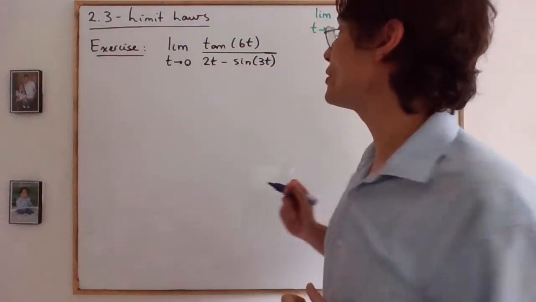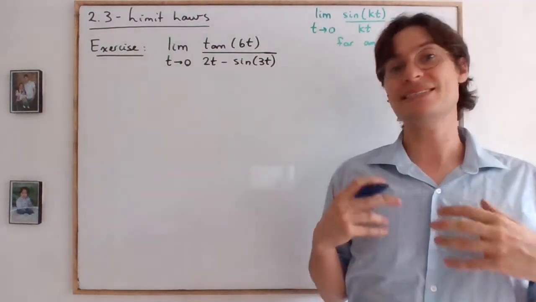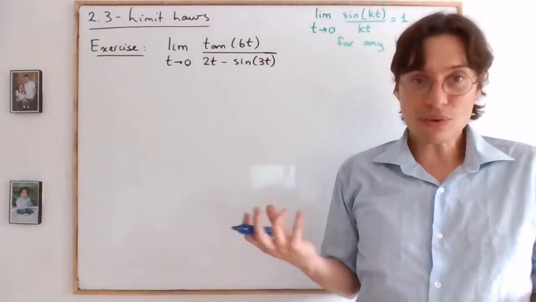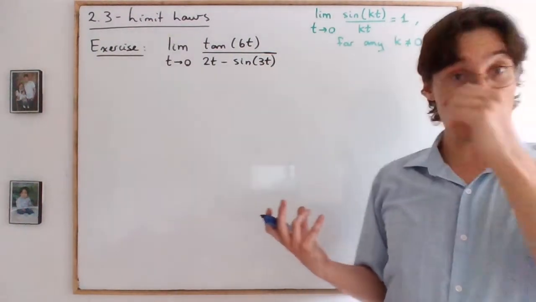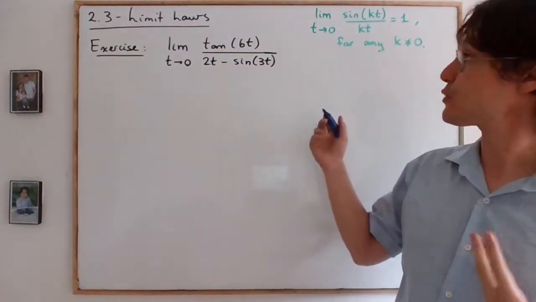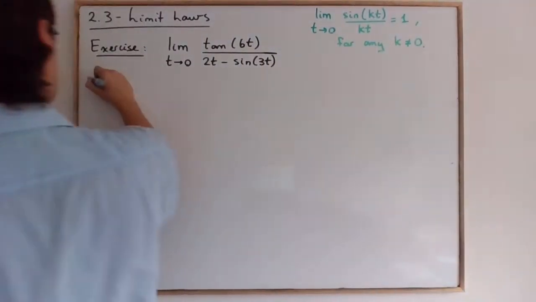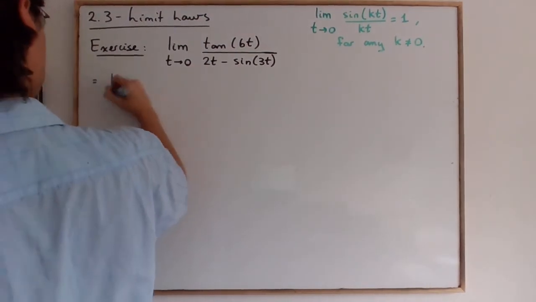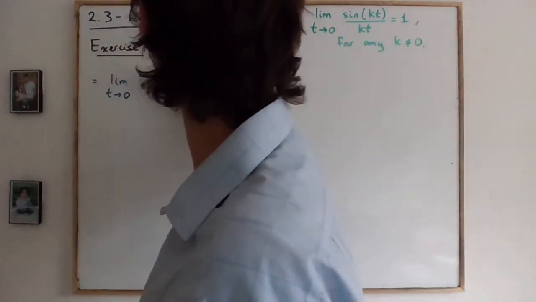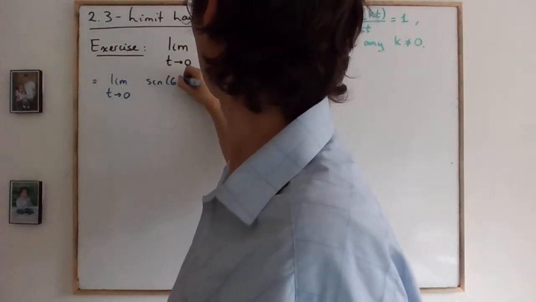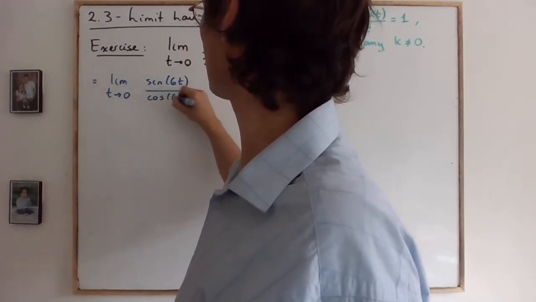So the first thing we're going to do is the tangent over here, we know that this is sine over cosine. Now we don't have any problem with the cosine because cosine of 0 is 1. But still, we need to express it in order to remove it from the limit. So here it is, limit as t is approaching 0 of sine of 6t, divided by the cosine of 6t.